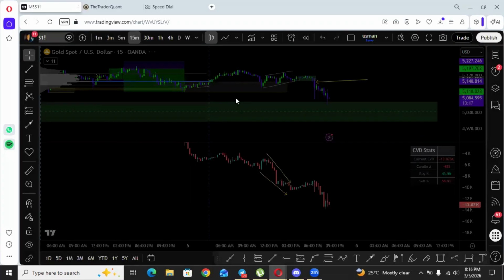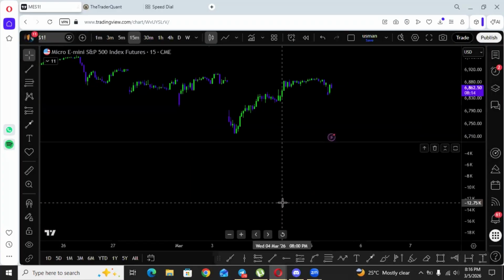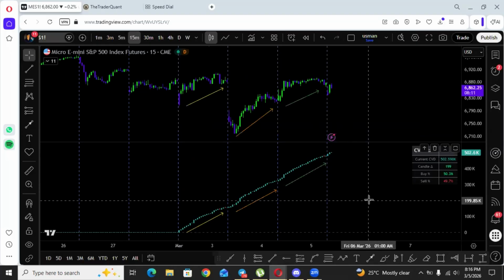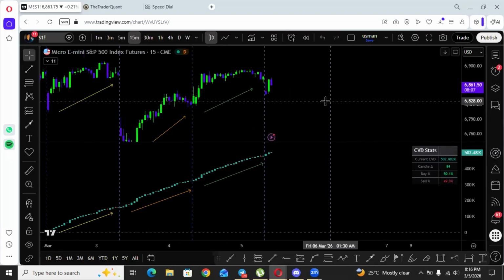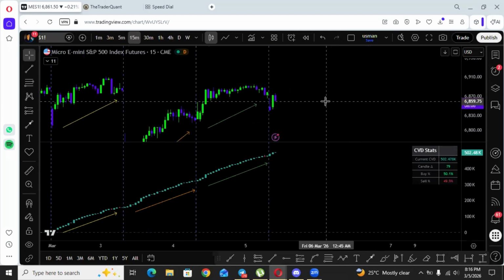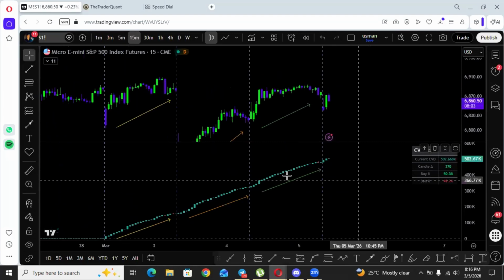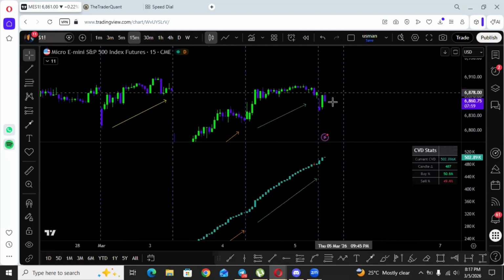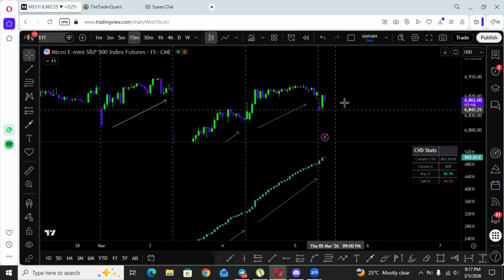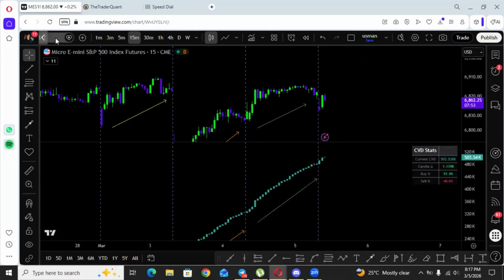What happened in the MES? Something is happening in MES. We forecasted that it will go up, and the MES will go up.